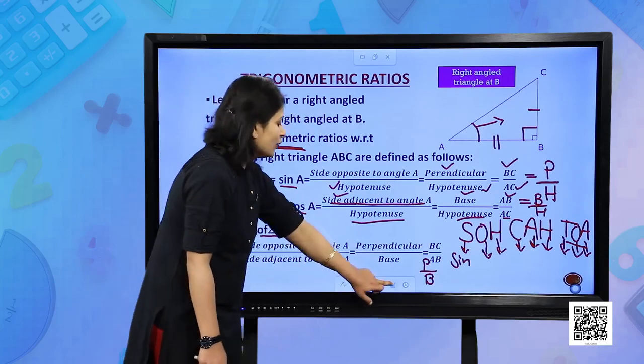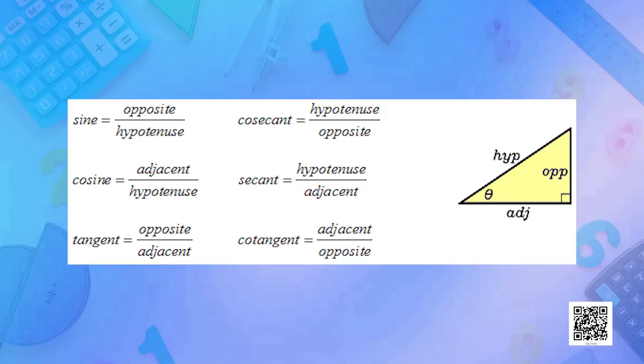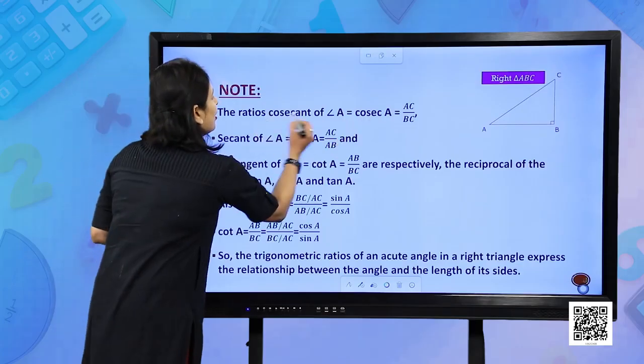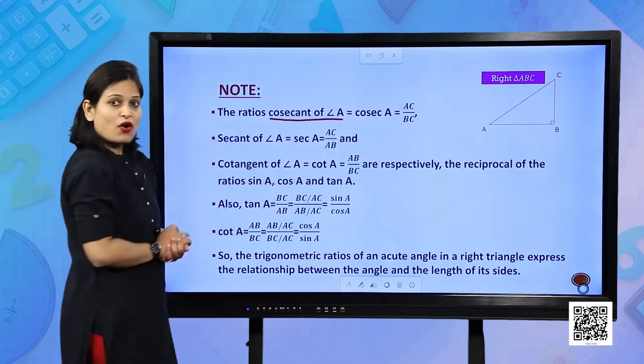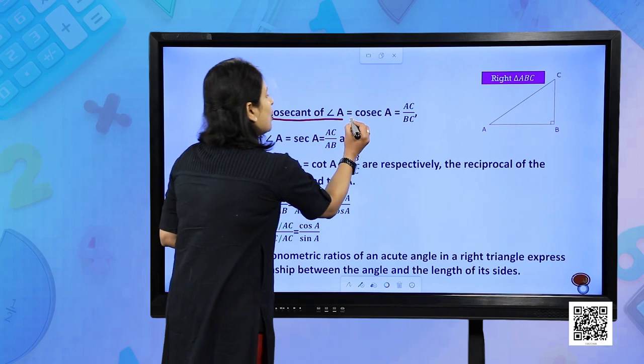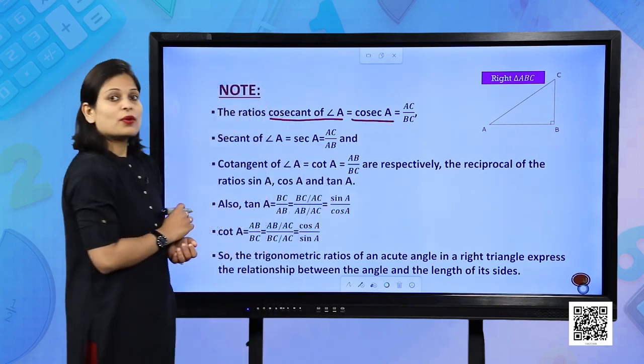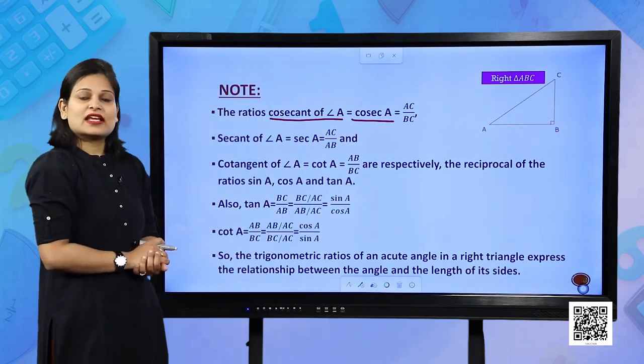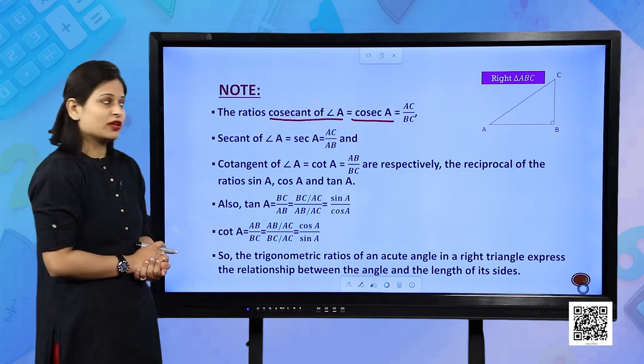Now, I will tell you about the other three trigonometric ratios, which are basically the reciprocals of sine, cosine and tangent functions. What is cosecant of angle A called? We write it in short as cosec A, which is the reciprocal of sine function.